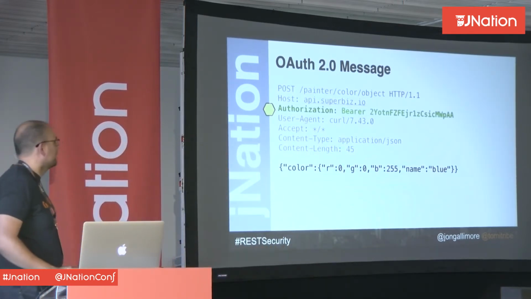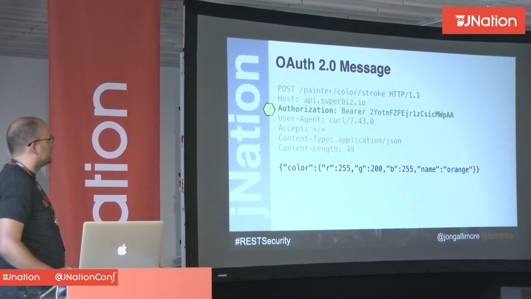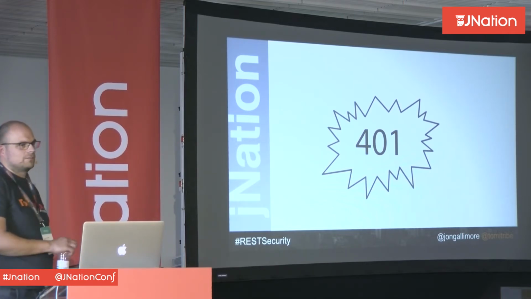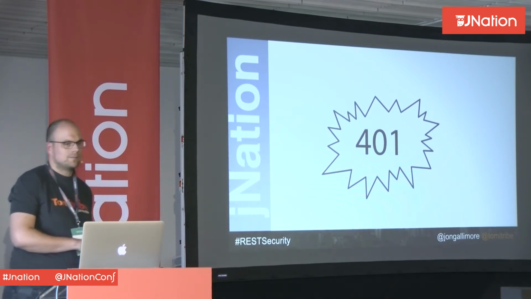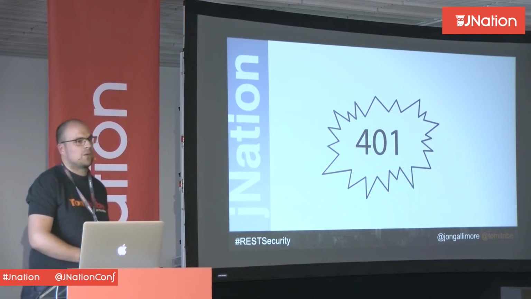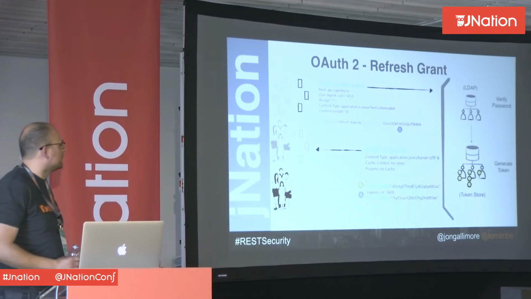We can keep doing that over and over again, calling various different services, and eventually we'll get a 401. When this happens, our access token has expired, and we'll need to go back to the token endpoint and get a new one. We do this using the refresh token.